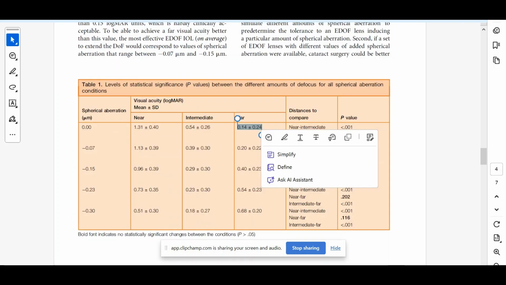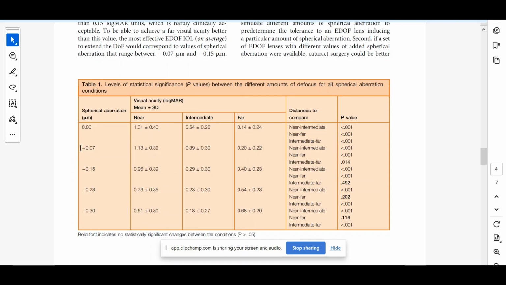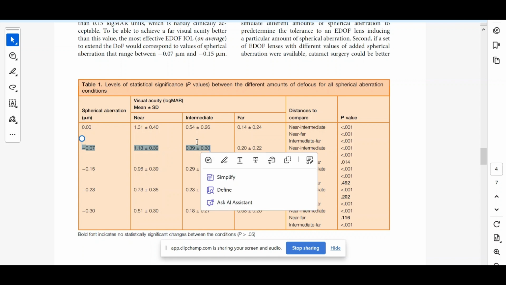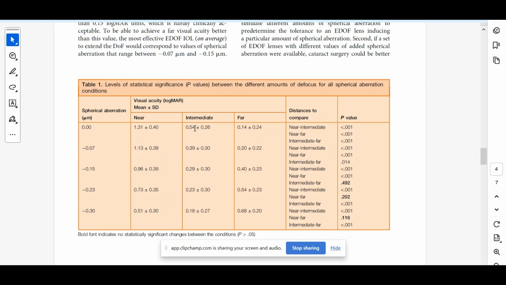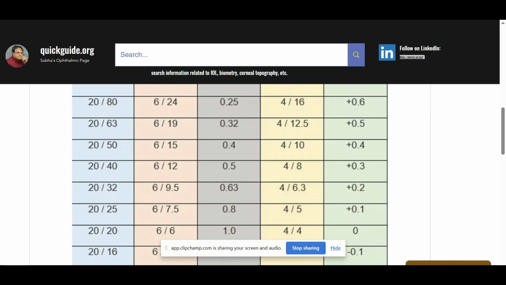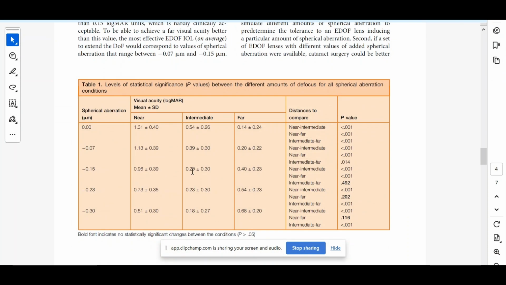So going back to the study, when patients were induced with around minus 0.07 of negative spherical aberration, the near improved, the intermediate improved. The intermediate improved from 0.54 to 0.39, and that corresponds to around 20 by 40. So the intermediate improved to around 20 by 40, but there was a one line drop in the far focus, in the distance visual acuity.